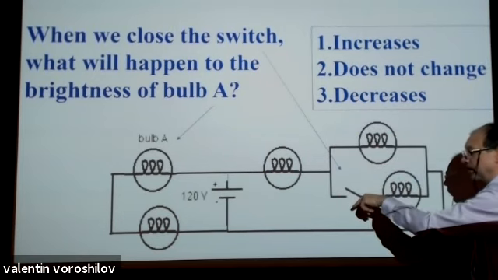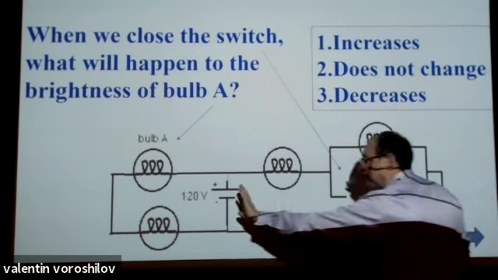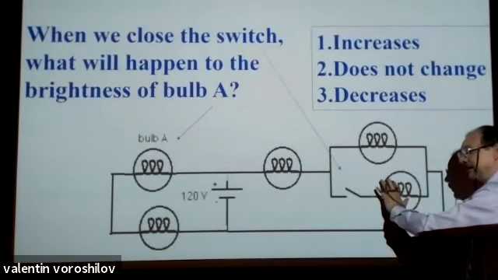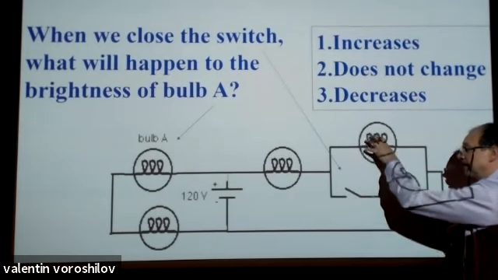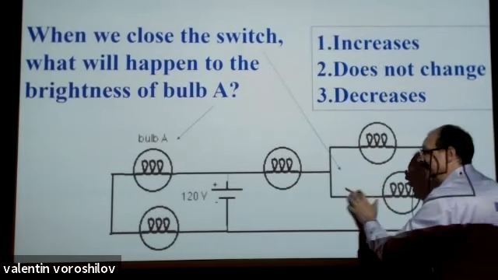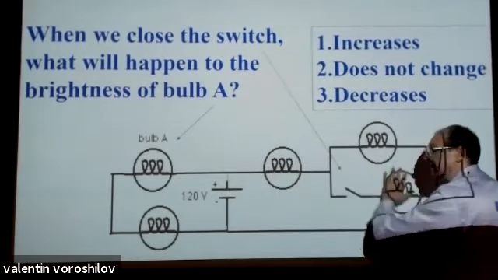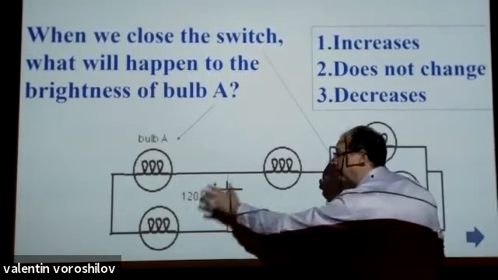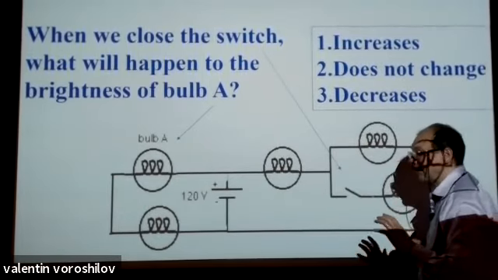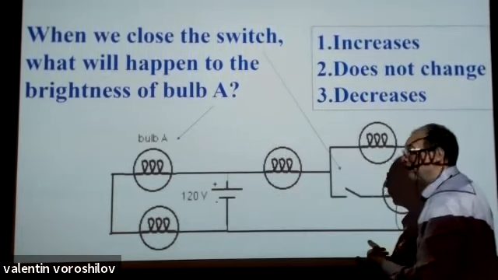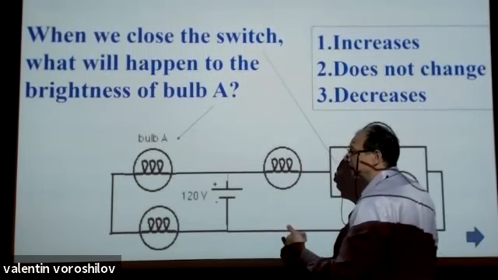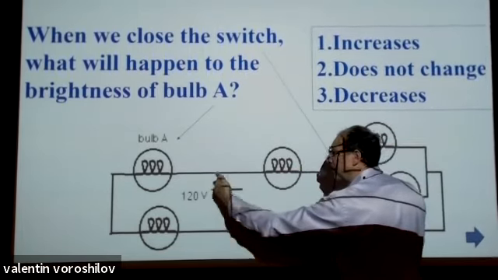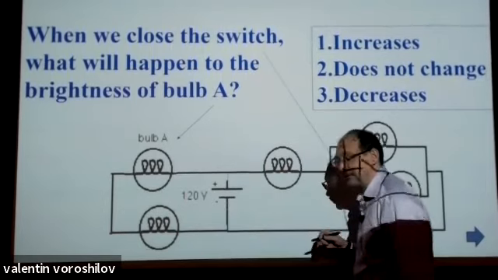And if I close the switch, it doesn't affect the left side, but it affects this side. By closing the switch, I decrease this resistance. So I decrease overall resistance on the right. And by the way, that means I decrease overall resistance of the whole circuit. That means total electric current increases. But now it splits unevenly. Less resistance, more current goes here. Same resistance as before, same current as before, goes there.